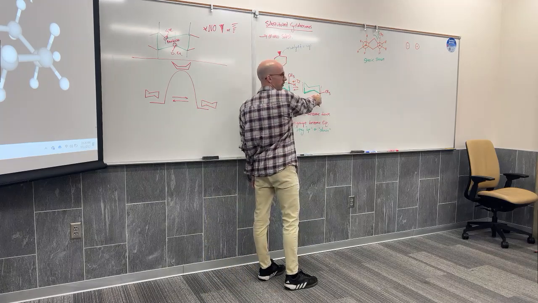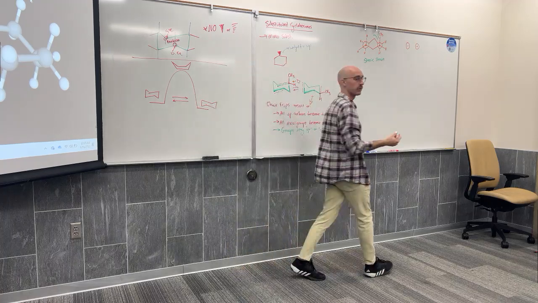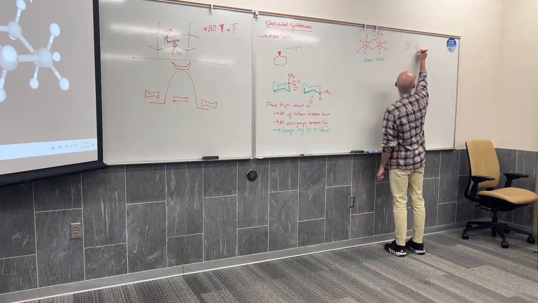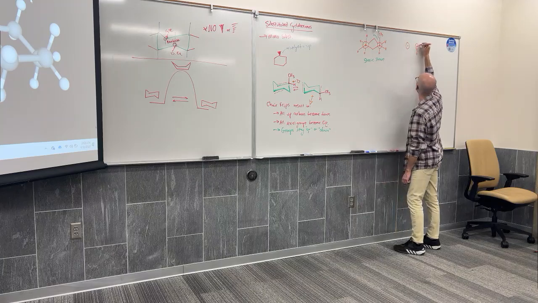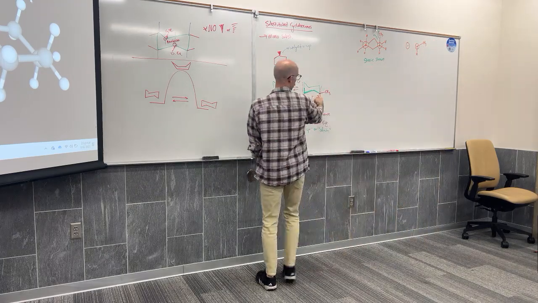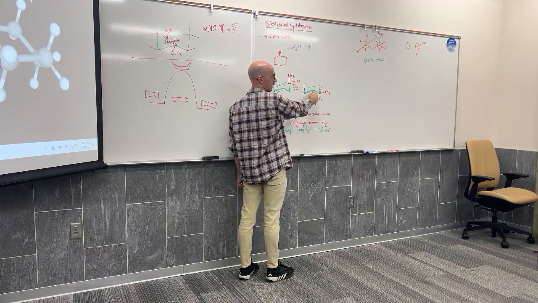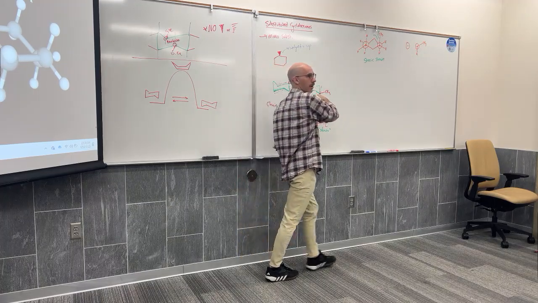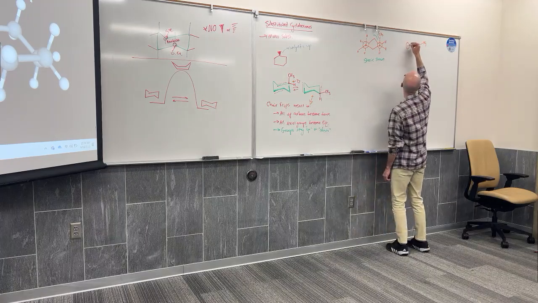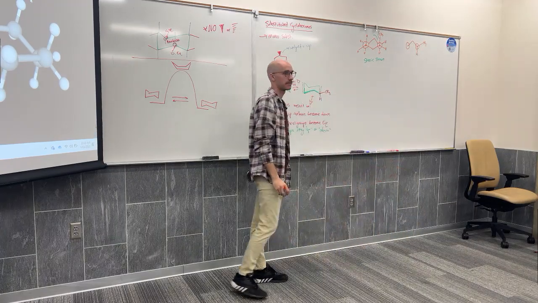On my front carbon, would you agree I have a down axial group? Down axial hydrogen. And I have an up equatorial methyl. This front carbon connects to this front carbon by an up carbon. Up connects the 2 front carbons.